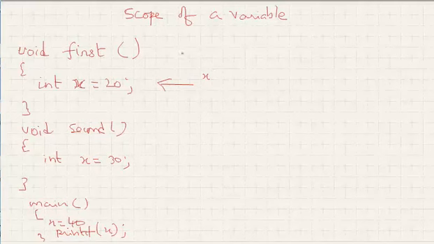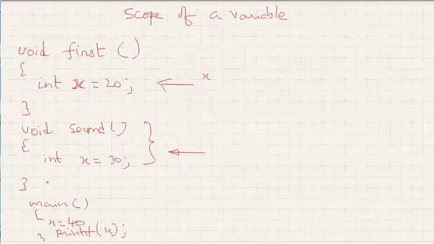As soon as this function completes execution, this variable x is no more visible to anybody. And so is this function second. Here the value x is equal to 30. It is only valid till the lifespan of this function.